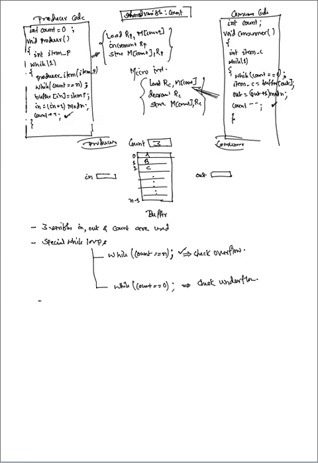Now come to the in variable. It is only used by the producer. You can see here, when there are 3 items, the value of in is 3.